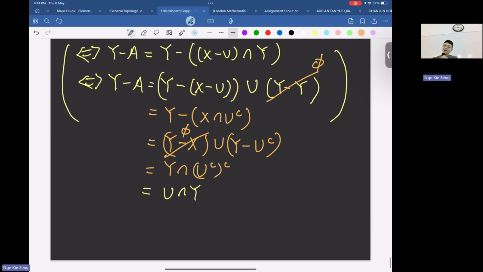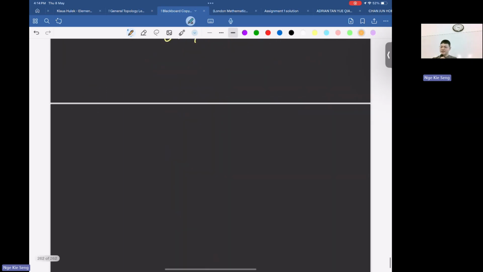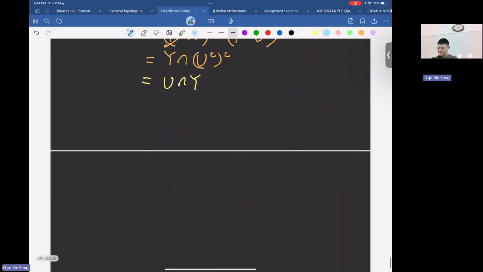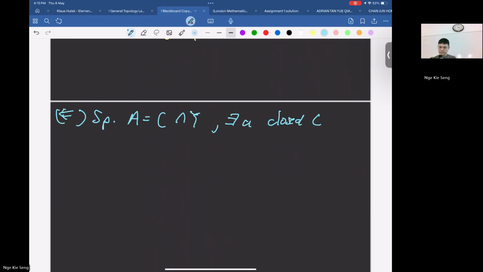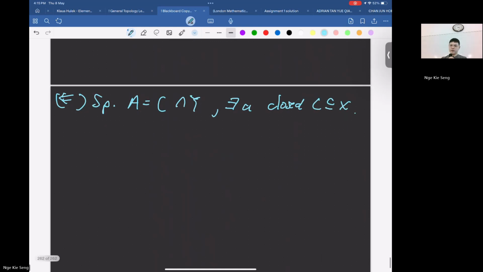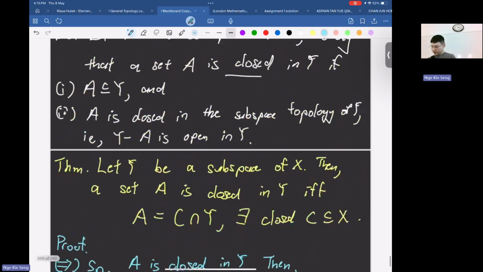Okay. Next. Actually, the other direction is harder than this one. Actually, this one is already the easier one. Okay. So suppose A is an intersection of a closed set with the subspace. There are two things to show, right?